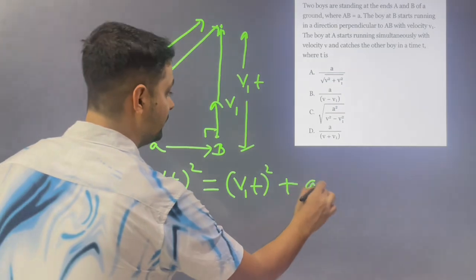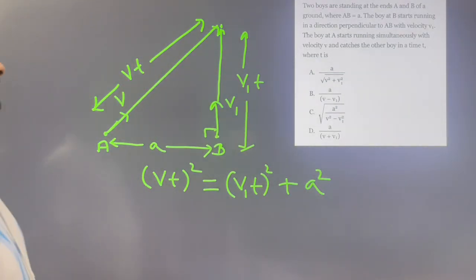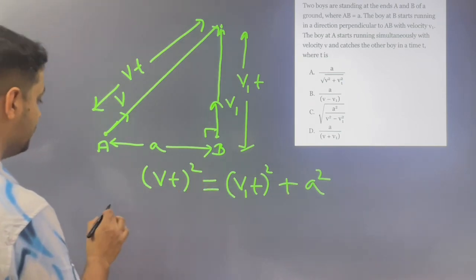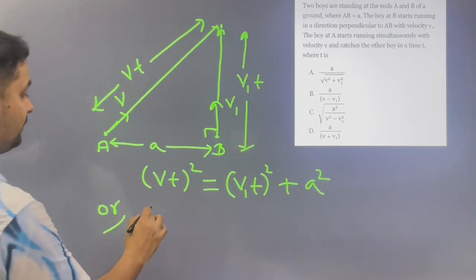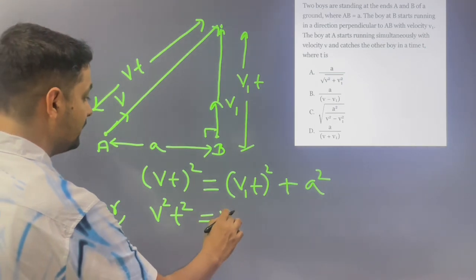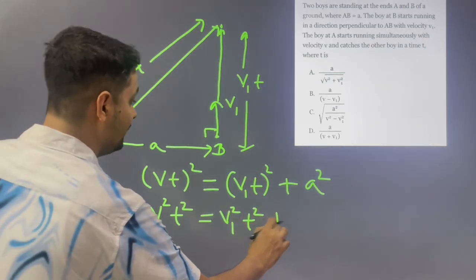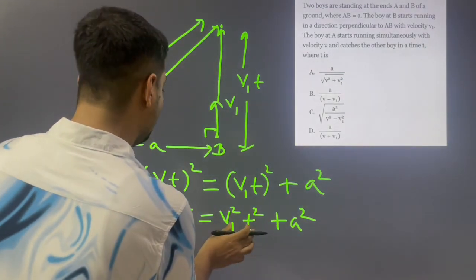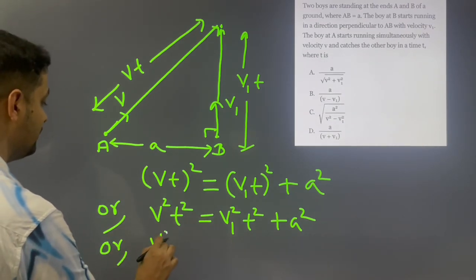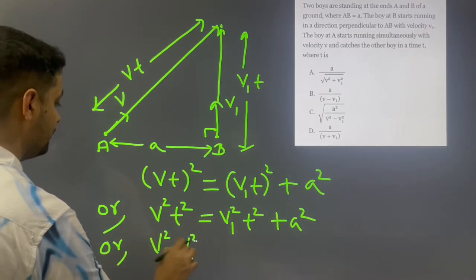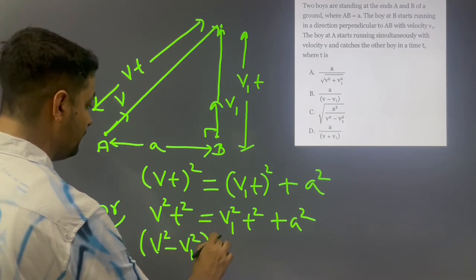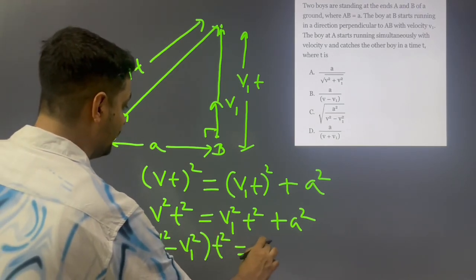Correct? What is our objective? Our objective is to find t. So we will take t together. Here V square t square equals V1 square t square plus A square. Now this t square will come to this side, so we take it common: V square minus V1 square, common t square, equals A square.